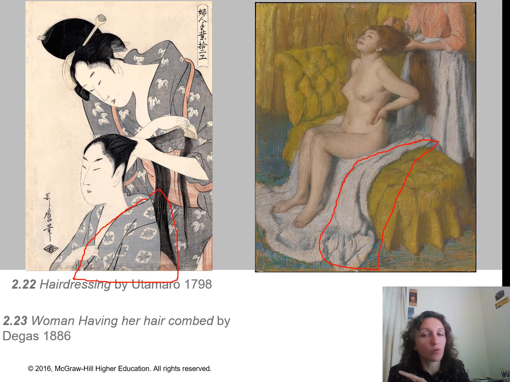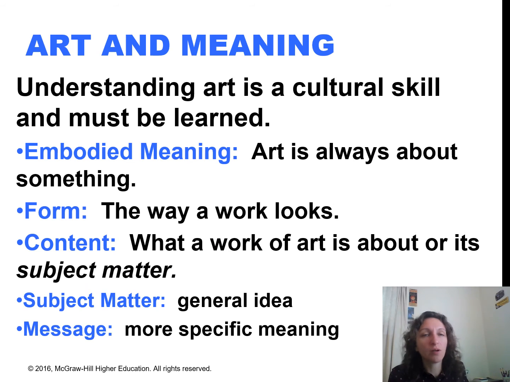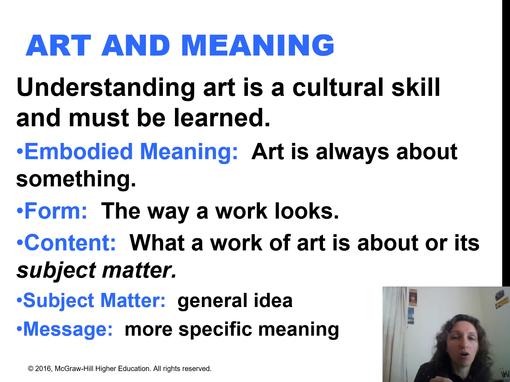Let's move on to some more vocabulary terms. All right. So understanding art is a cultural skill that must be learned. Right? And most of this class, all of art appreciation, is going to be learning to understand art and that cultural skill. So here are some more vocabulary terms, which is embodied meaning.